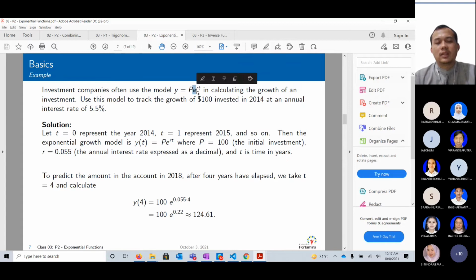Do you know what this e stands for? Anyone knows? I think you already learned about this number e in high school, but I don't know if all of you still remember it.